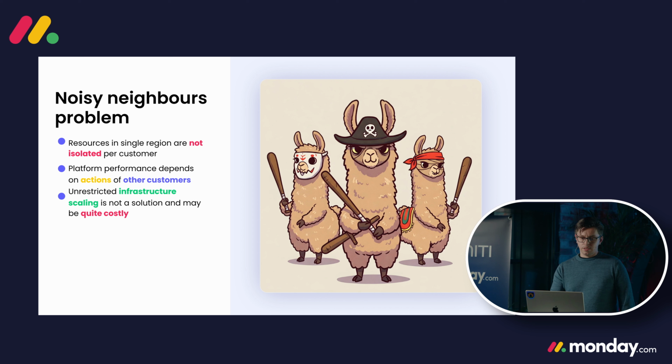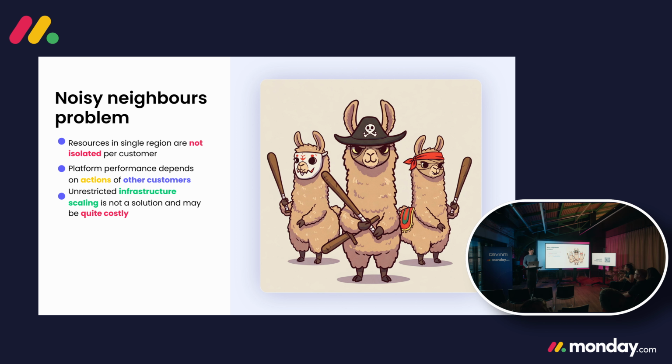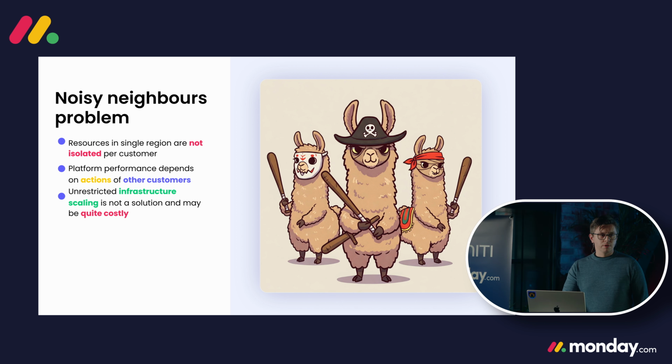In that situation, actions of one customer can affect how the system works for other customers. That doesn't always mean those users are performing some malicious action, like a DOS attack or whatever. They may just be using the functionality normally, but the amount of data they have or the data structure causes higher traffic. And if many users use the platform like that at the same time, it may generate problems for others.